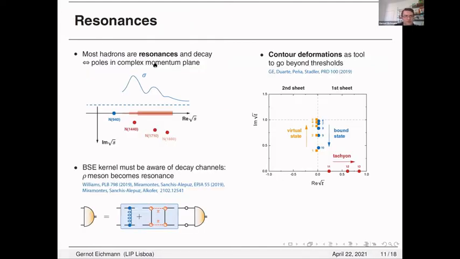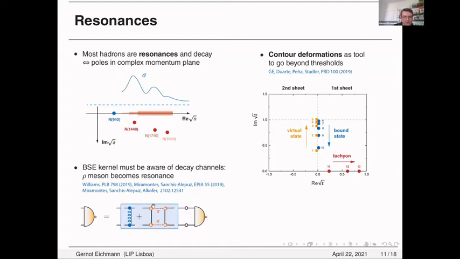Another area of improvement is to include the resonance dynamics. This is quite non-trivial here because we are not working in an effective field theory where the intermediate hadrons can go on shell and automatically produce cuts and resonance poles. Instead, the kernels have to dynamically generate such poles, for example, pi pi in the case of a rho meson.